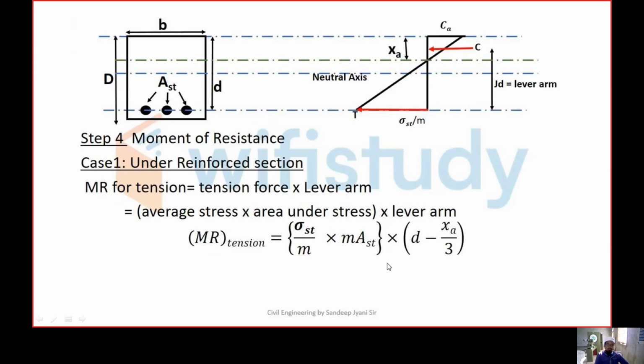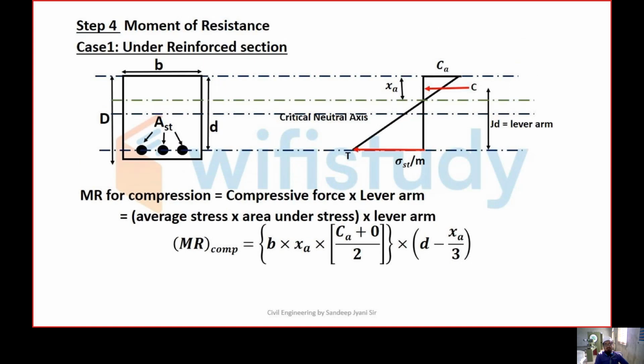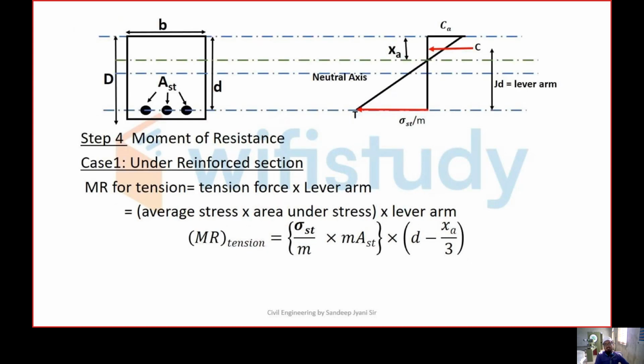Next, coming to moment of resistance for tension. So here we have seen the moment of resistance for compression. Now the moment of resistance for tension. For tension, it is the same: tension force into lever arm, and for the tension force the same formula, average stress into area under stress. But the tension zone should be considered.